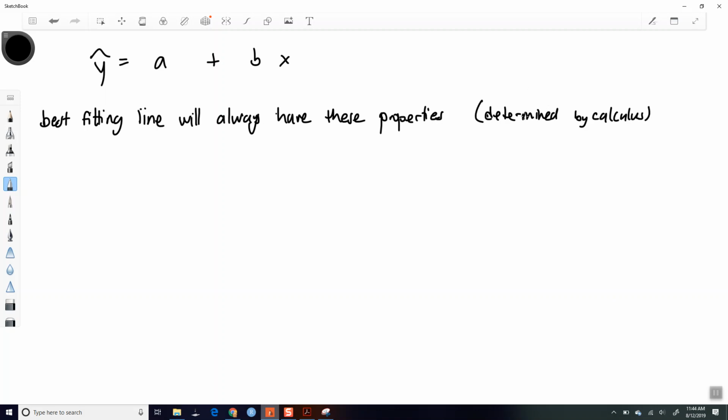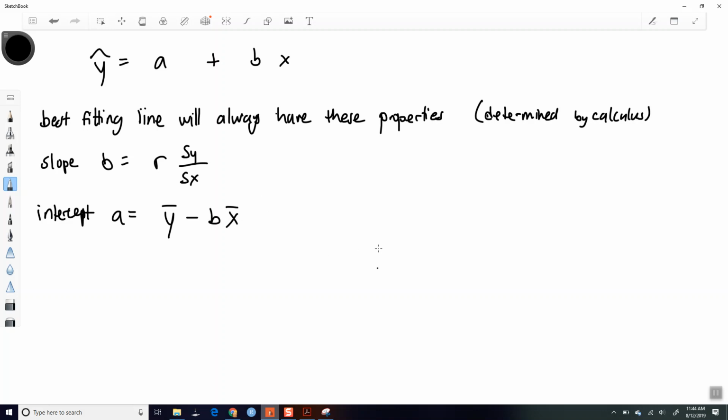You don't have to worry about the derivation of this, unless you decide to major in statistics or something, then you have to worry about the derivation. But for the intro stats class, we're just going to say the slope is going to be r times sy divided by sx, and the intercept is going to be y bar minus b times x bar.